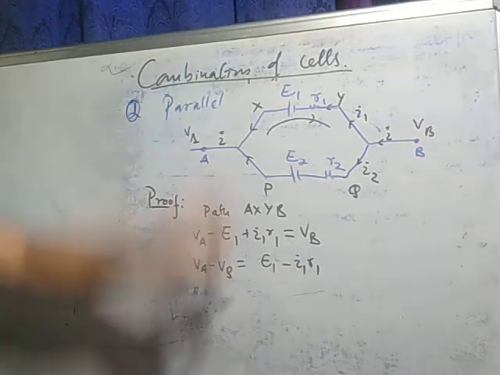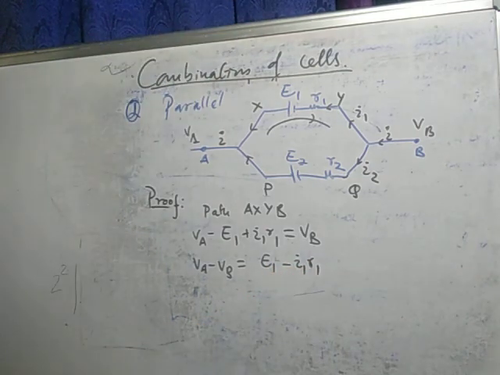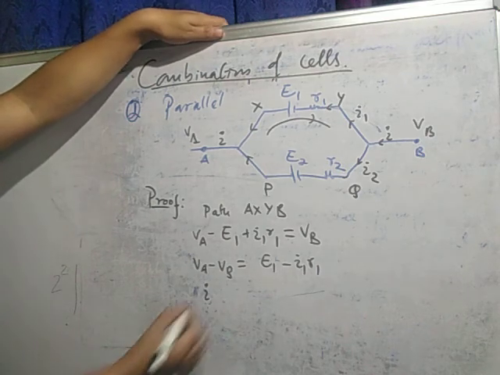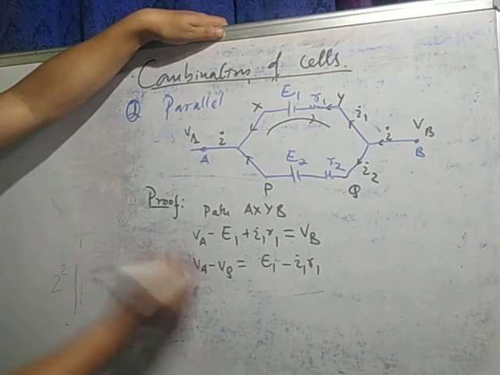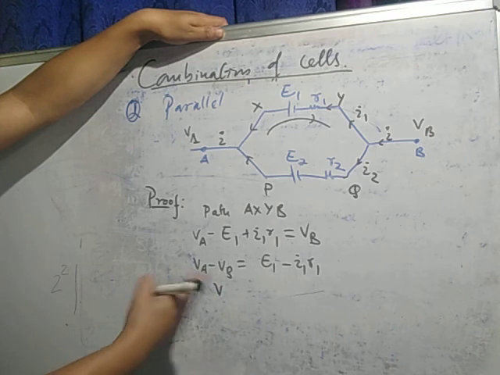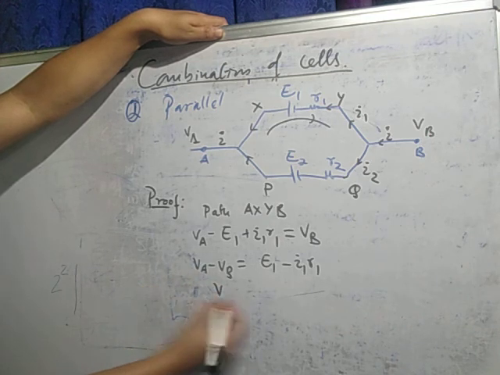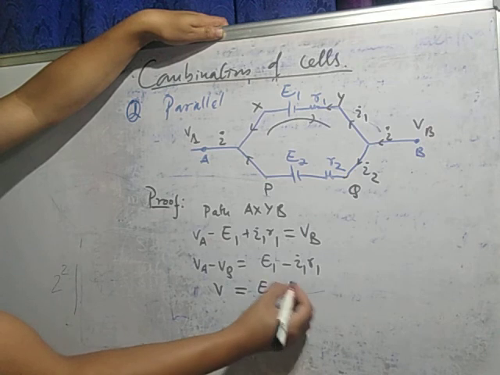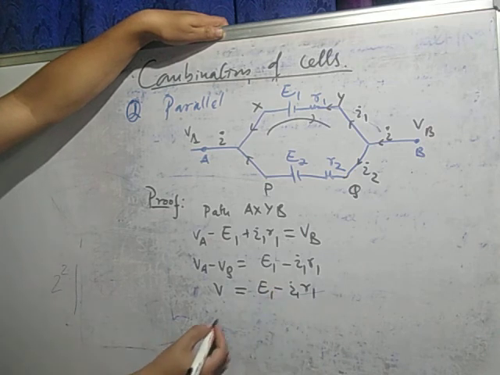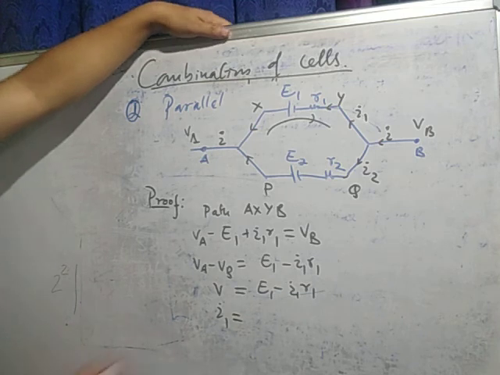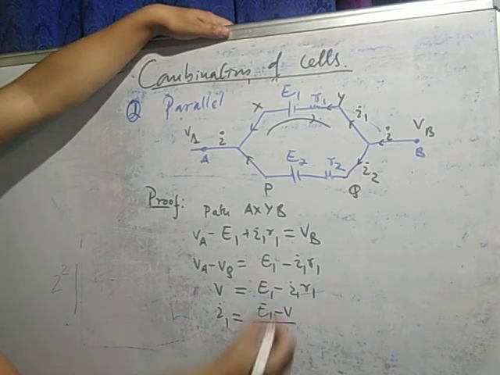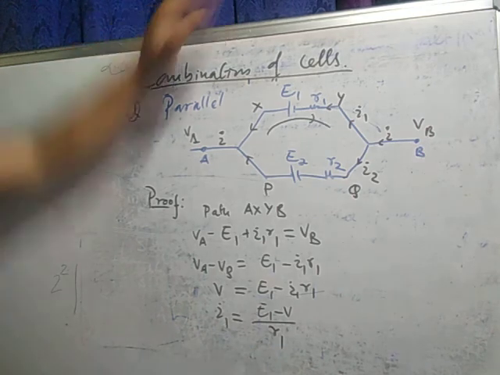Clear, like this. Sorry, if I take this potential difference as V, you know, isn't it? So V equals E1 minus I1 R1. So I1 equals to how much? I1 equals E1 minus V by R1, isn't it? Yes.